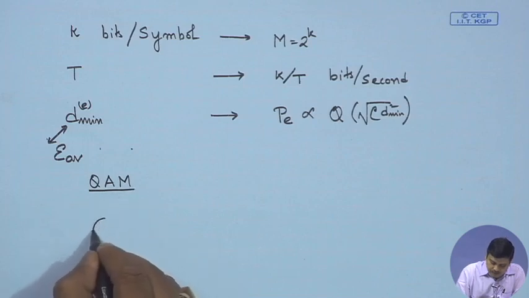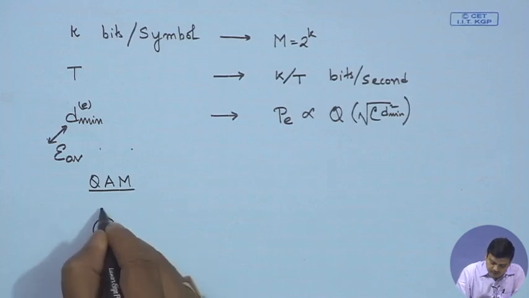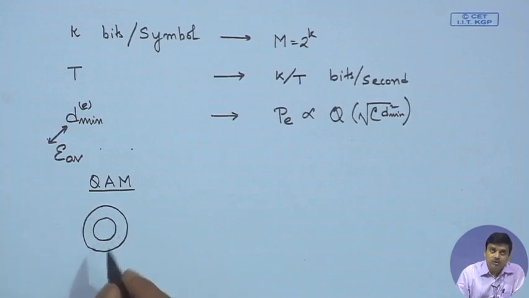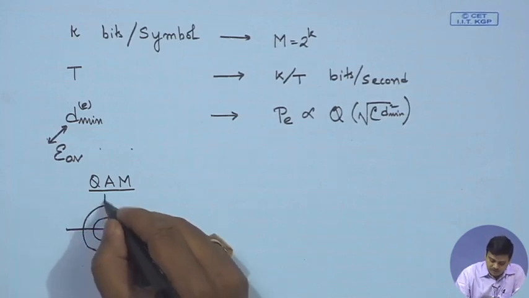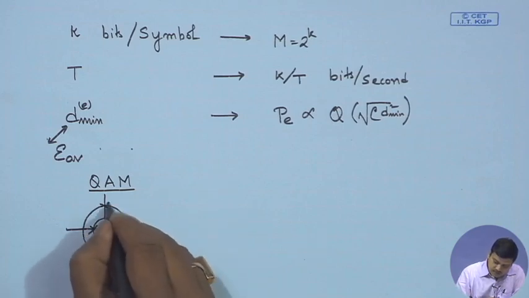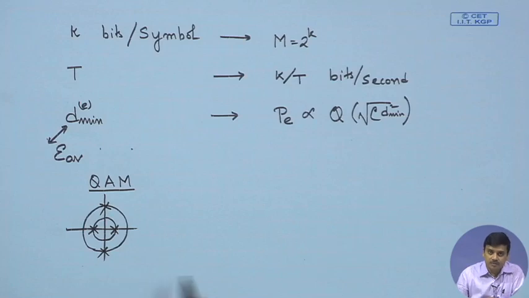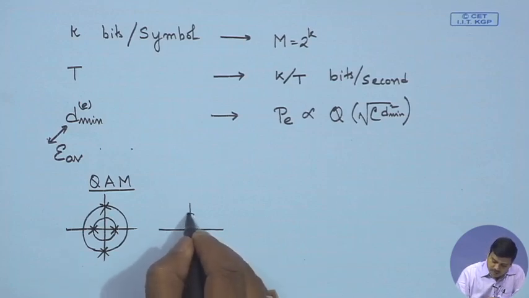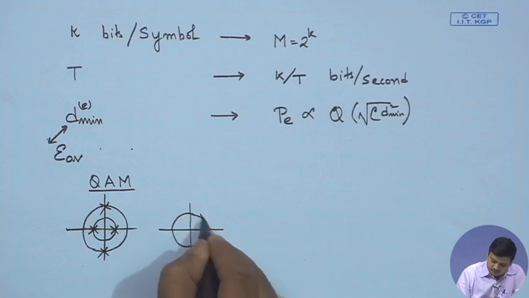We have also seen, when we studied QAM, that there are several possibilities of choosing a constellation, even though the constellation size would remain the same. For instance, this could be one choice of constellation that we saw, and in contrast there could be another choice of constellation.